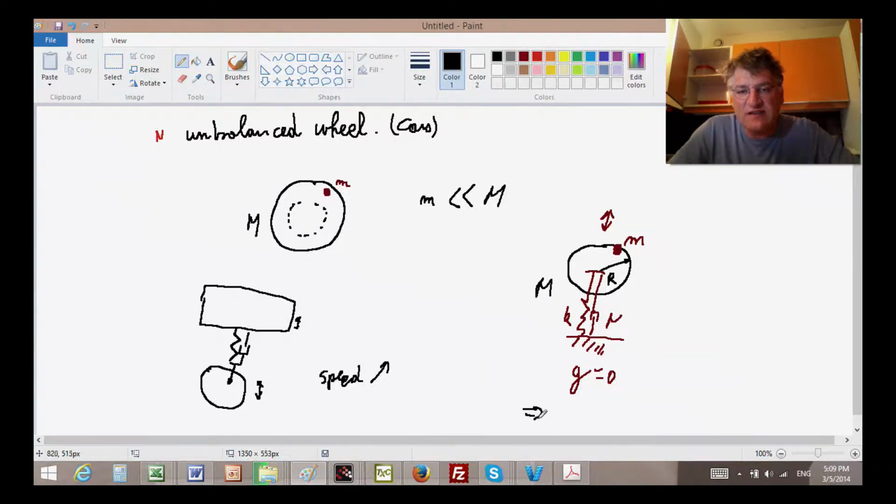We can easily derive from g equal to 0 the case where g is not equal to 0, because it just creates a bias. Okay, so M goes up and down, the wheel rotates, and again, we need to write the various versions of Newton's law.